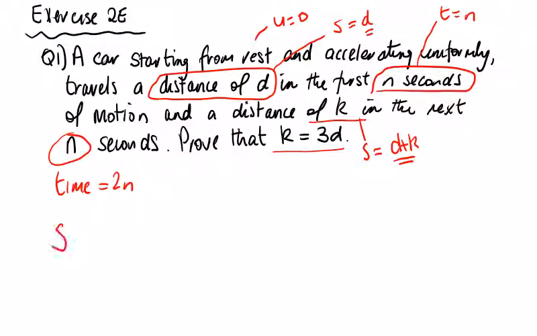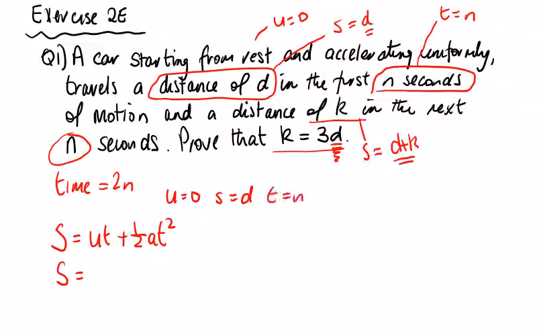First distance is going to be ut plus a half at squared. So once you can see we're dealing with distance here. So we're going to get the distance in the first n seconds of motion. My u is equal to 0. My s I can change to d because we want d in the answer here. My t is equal to n.